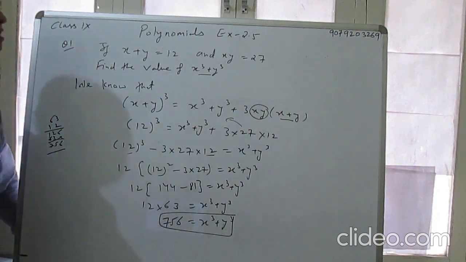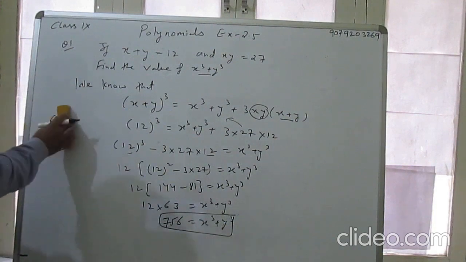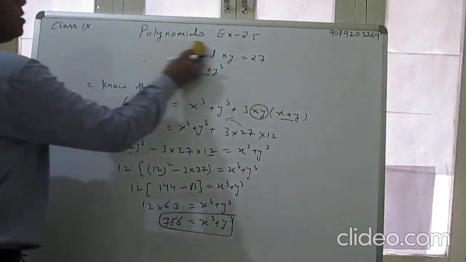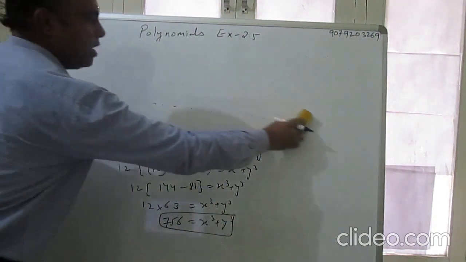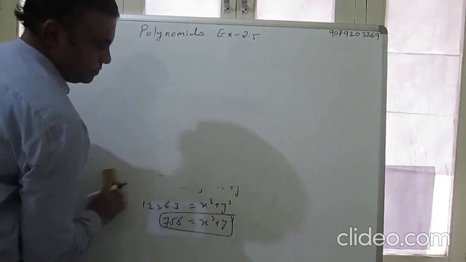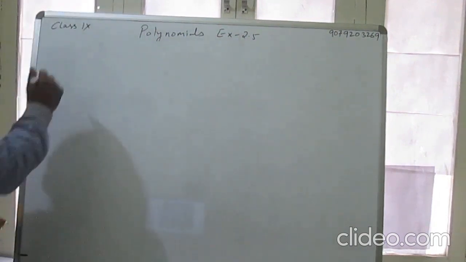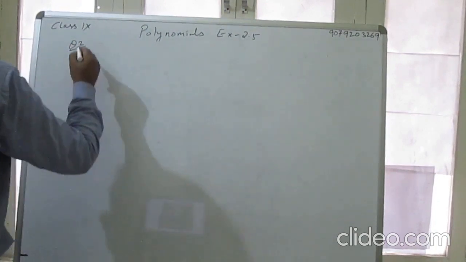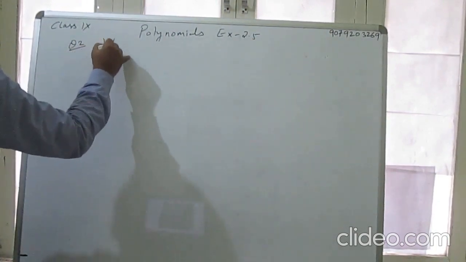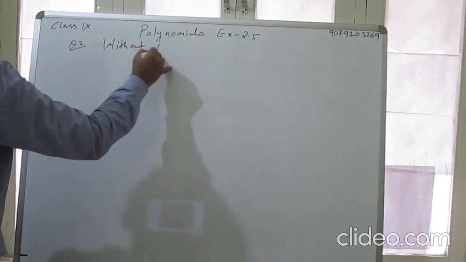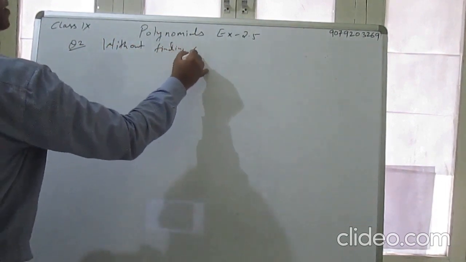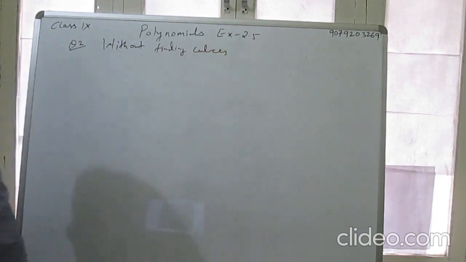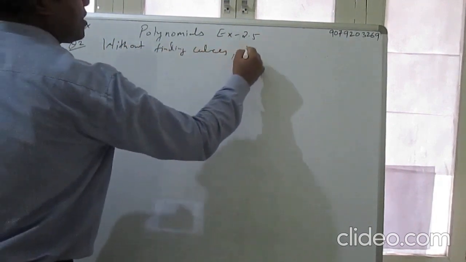Now I will take one more question of this. Question 2 from NCERT. Without finding cubes, factorize it.